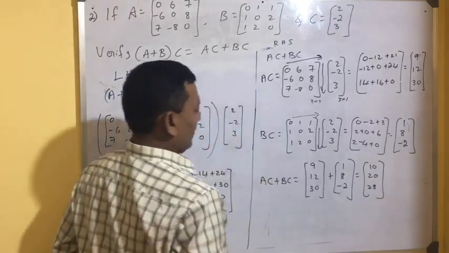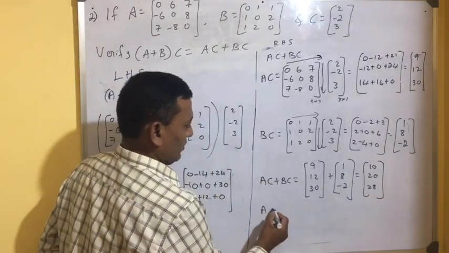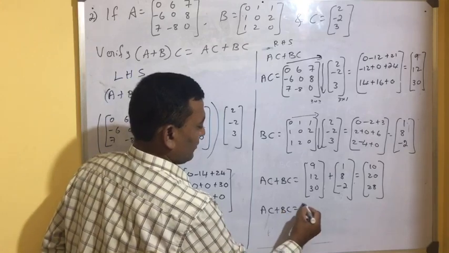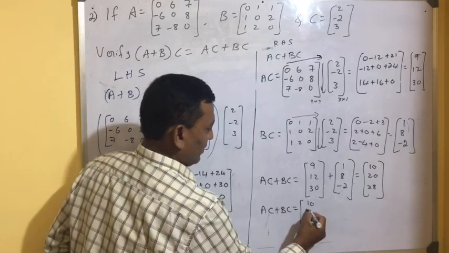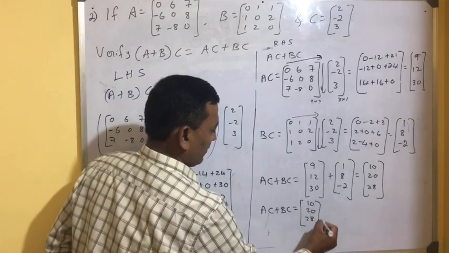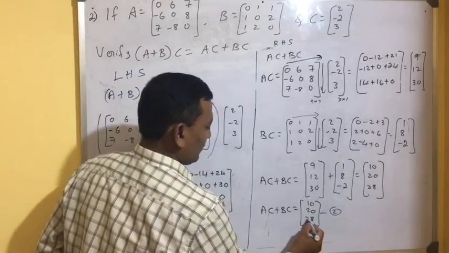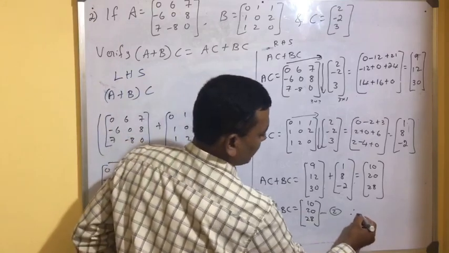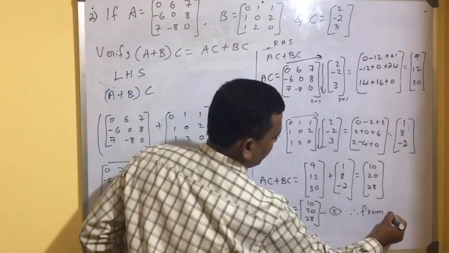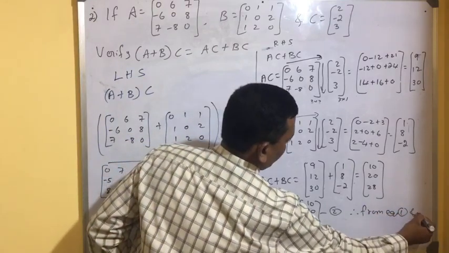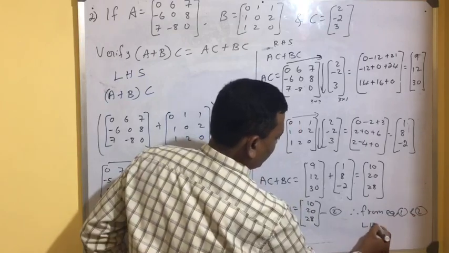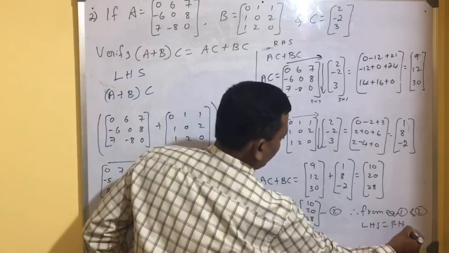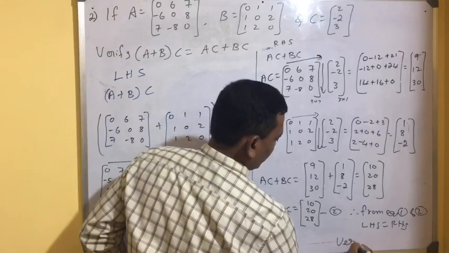So we got AC plus BC equal to 10, 20, 28. I call this equation 2. Now compare with equation 1, both are the same. Therefore, from equations 1 and 2, LHS equals RHS. Hence, verified.